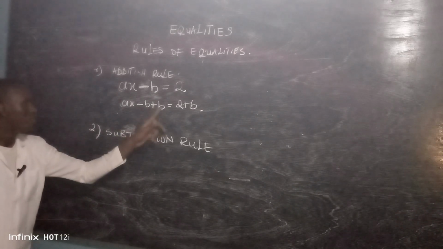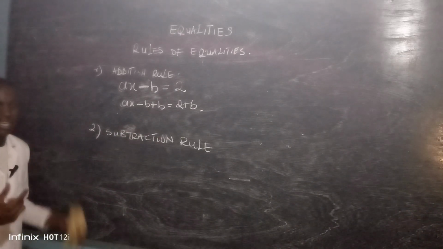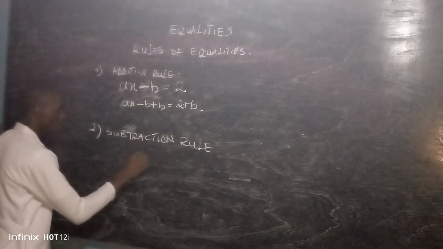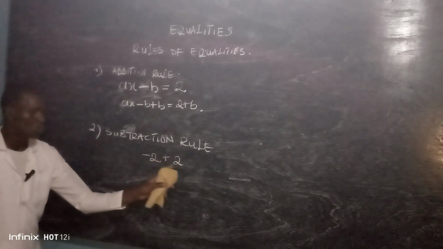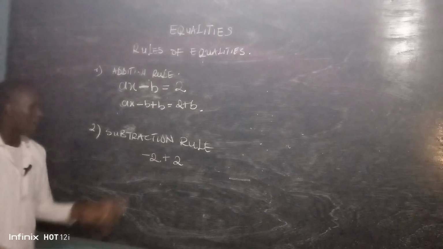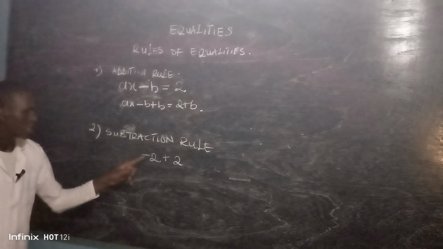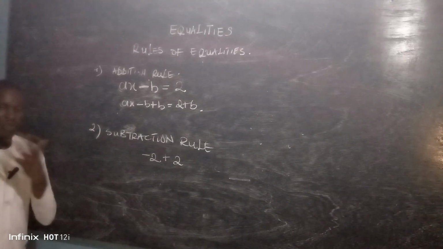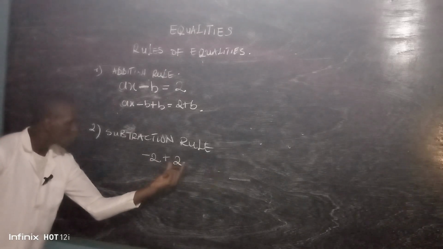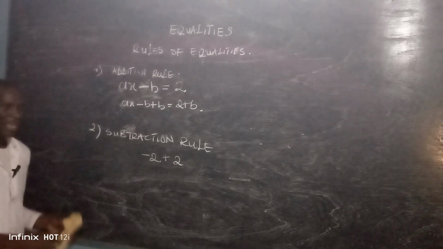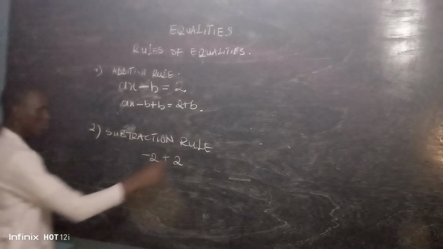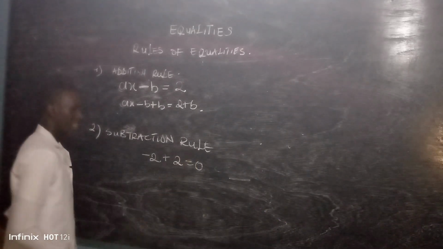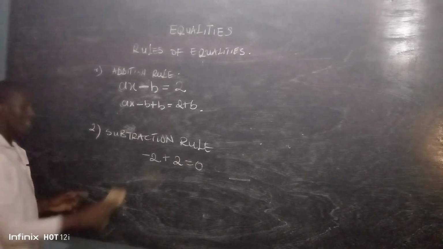When you have a positive number, you are having something. If I owe 2 things and I have 2 things, and I pay my debt, I will be left with nothing. So this represents nothing. That is virtually what it means.